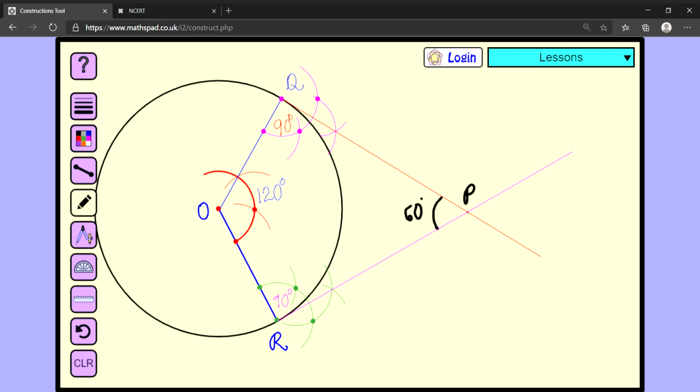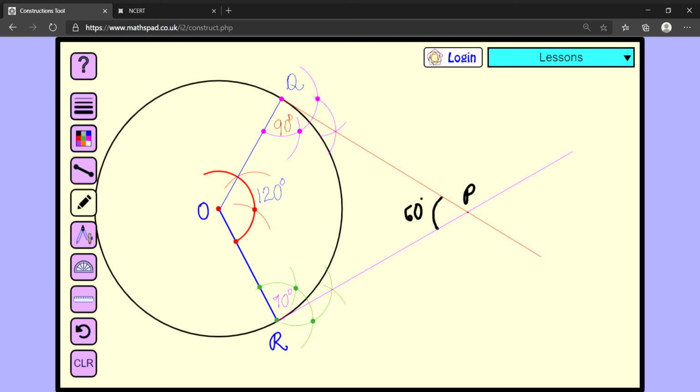The property that we used to start this construction was that the angle at which the radii are inclined, the radii through the points of contact, is supplementary to the angle at which the tangents are inclined.